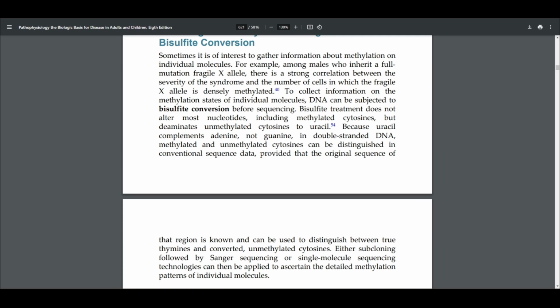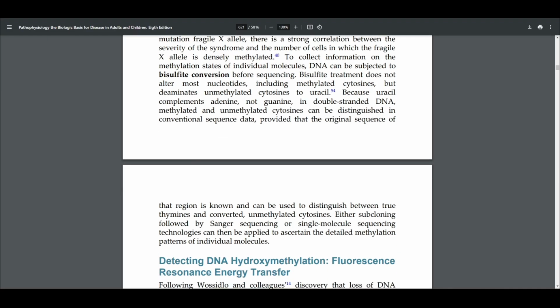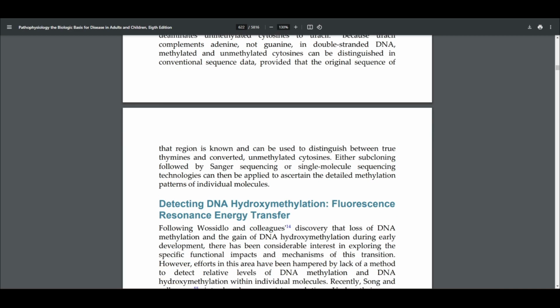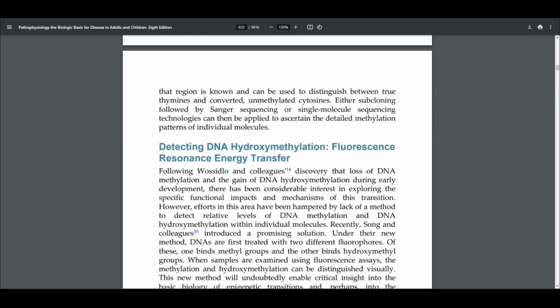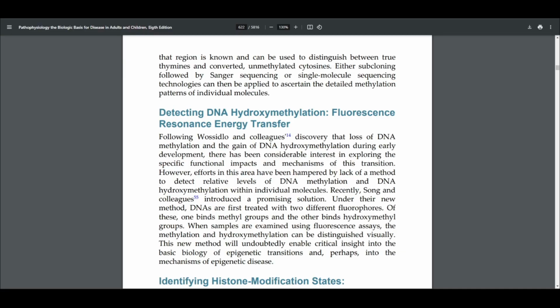Bisulfite treatment does not alter most nucleotides, including methylated cytosines, but deaminates unmethylated cytosines to uracil. Because uracil complements adenine, not guanine, in double-stranded DNA, methylated and unmethylated cytosines can be distinguished in conventional sequence data, providing that the original sequence of that region is known and can be used to distinguish between true thymines and converted, unmethylated cytosines.